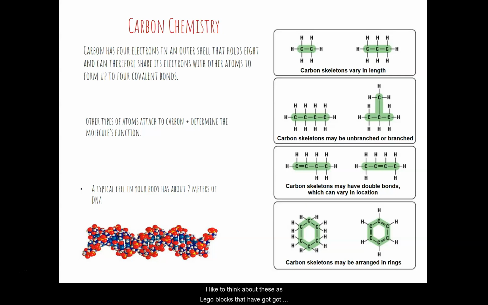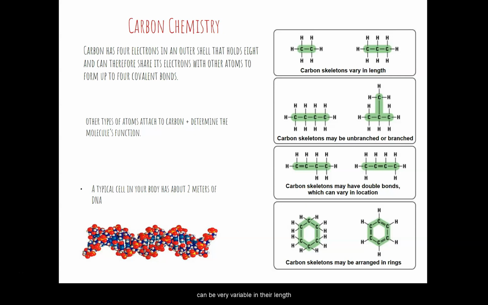I like to think about these as Lego blocks that have got 4 sticky bits on them. That's your classic piece of carbon. So carbon's got 4 electrons in its outer shell, and it can share its electrons with other atoms to form 4 covalent bonds. So you could have a carbon stuck with another carbon, 2 carbons in a row, or you could have 3 carbons in a row, or 10.